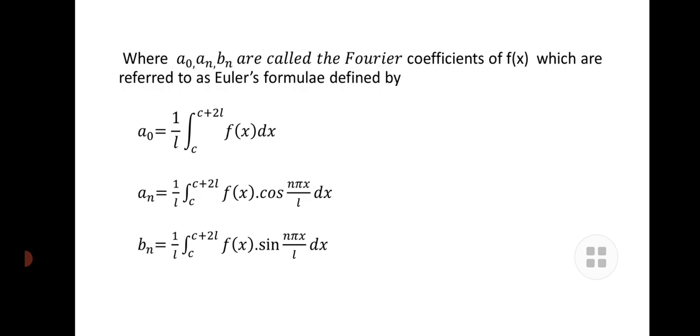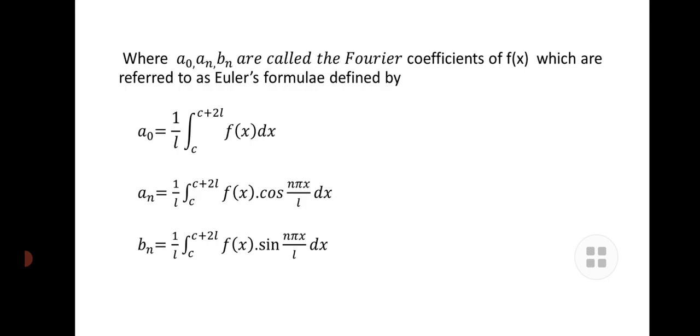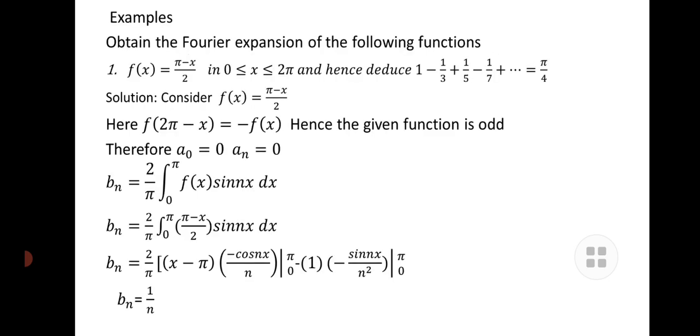For these Fourier series with Fourier coefficients, according to the even and odd function, the nature of the series is as follows. When the function is even, the series contains only a naught and a n.